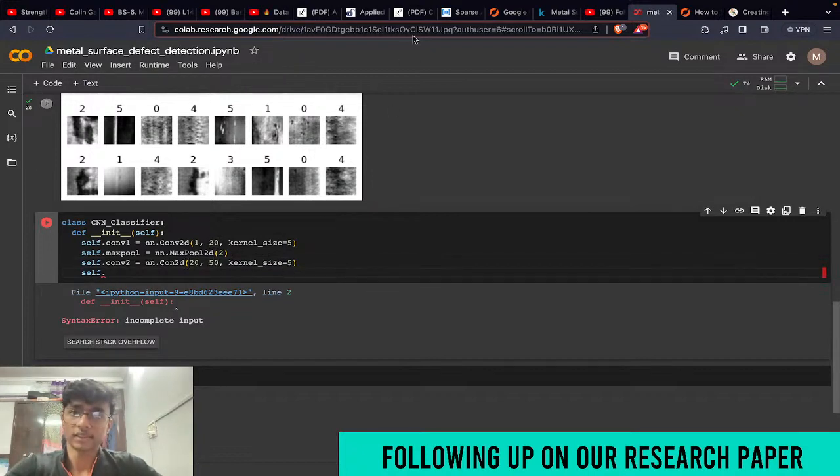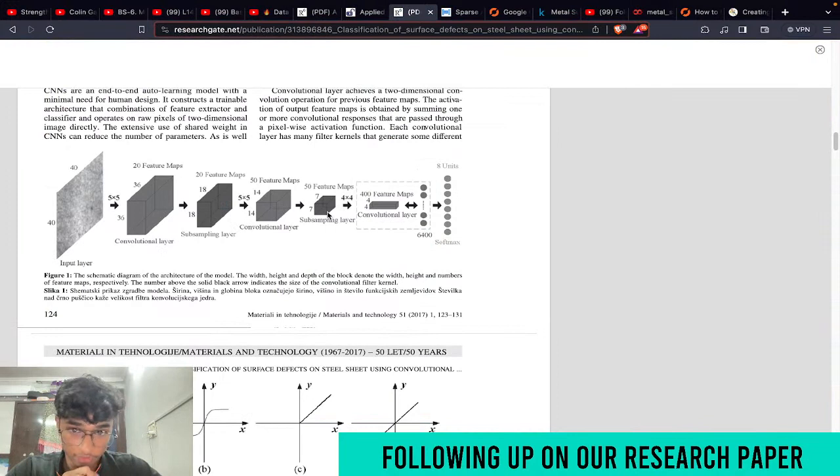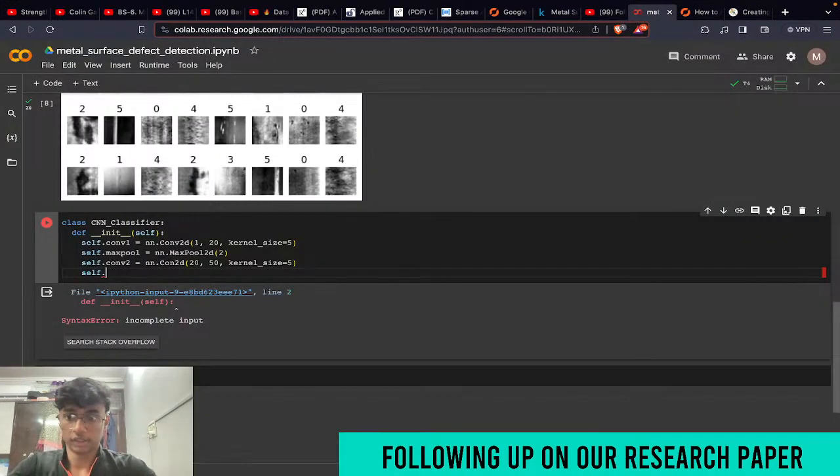Now we apply another subsampling layer that makes it 7 by 7. And after that, we apply a 4 by 4 convolution which takes the 50 to 400. Self.conv 3 and then the conv 2d 50 to 400 with a kernel size of 4 this time.